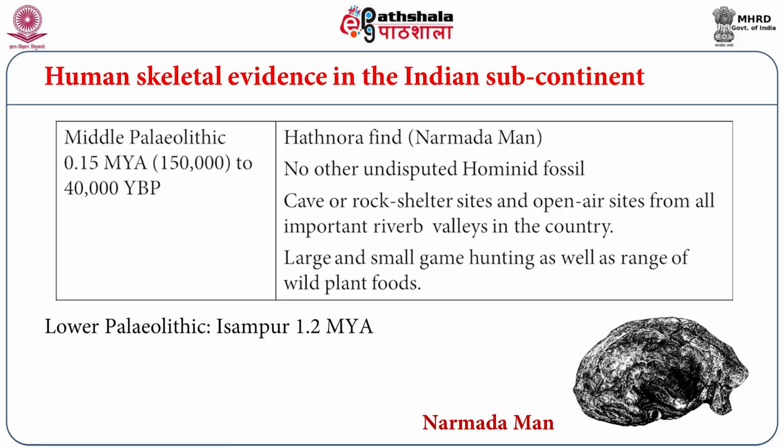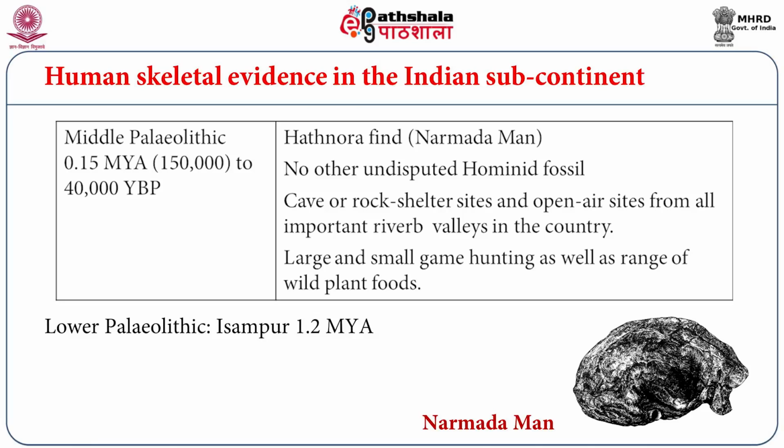Then coming to India, we have an important find at the site of Hathnora near the Narmada Valley, and this particular specimen is called Narmada Man. It was found at the site of Hathnora by Arun Sonakia. It is dated between 1.5 lakh to 40,000 years before present.